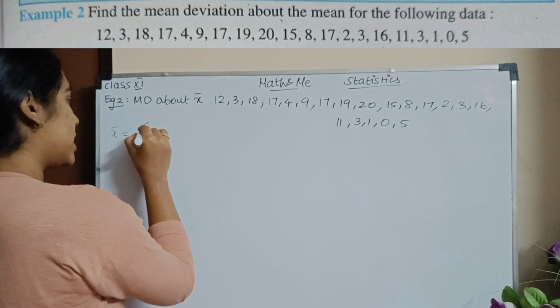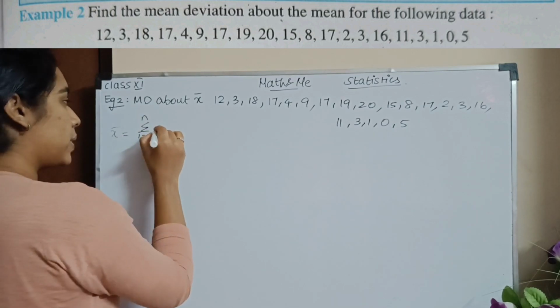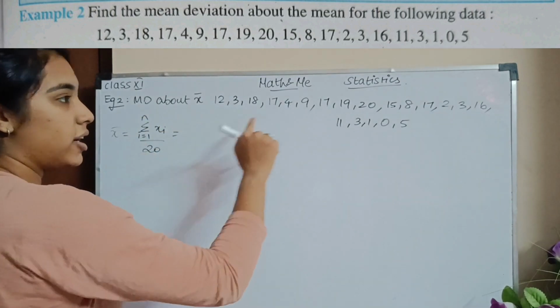So I need the summation of i equals 1 to n of xi, which means I need to add all these values.